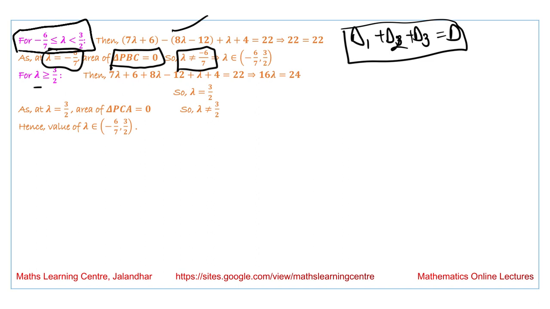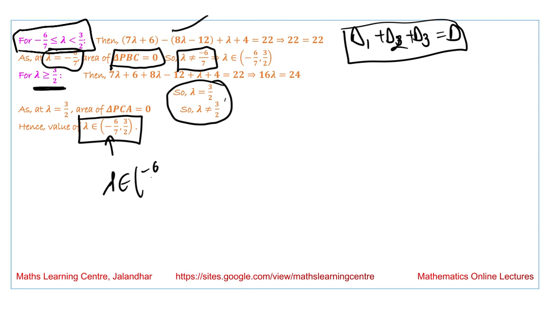Similarly, for the case lambda greater than or equal to 3 by 2, this case is also not possible. So the only values of lambda which satisfy this equation are for the case when lambda belongs to the interval minus 6 by 7 to 3 by 2.